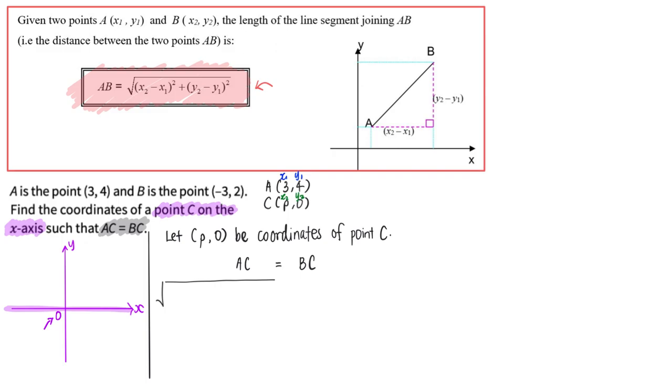Same goes for B and C, point B and point C for the length BC. So that will be what you are going to see here, where I have my P minus 3 square plus 0 minus 4, all positive value, so I did not put a bracket.